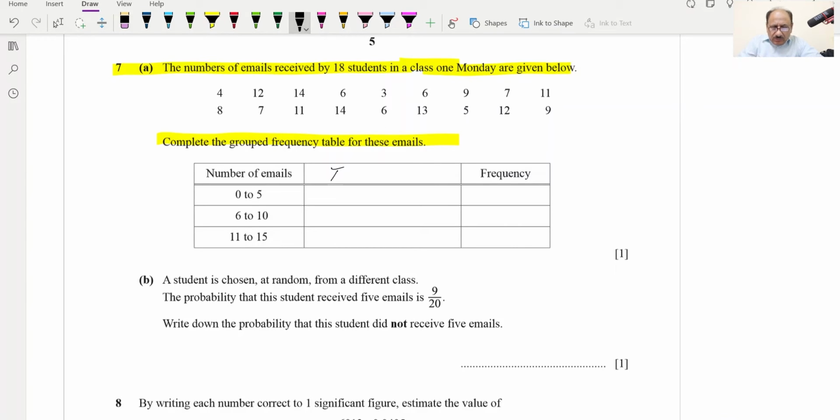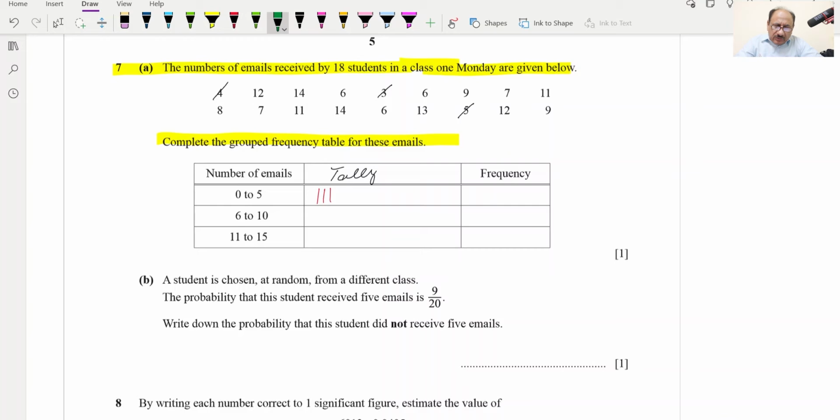So tally over here and frequency over here from 0 to 5. 0 to 5 will be 1, 2 and including 5, so 3. So we can write tally 1, 2, 3 lines over here. And next is what? Next is 6 to 10.